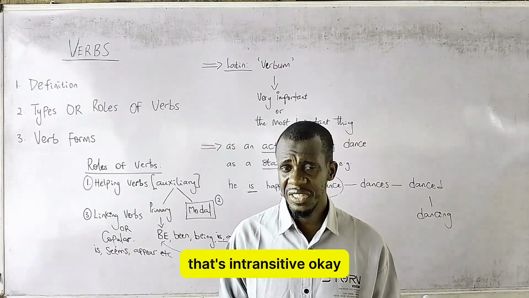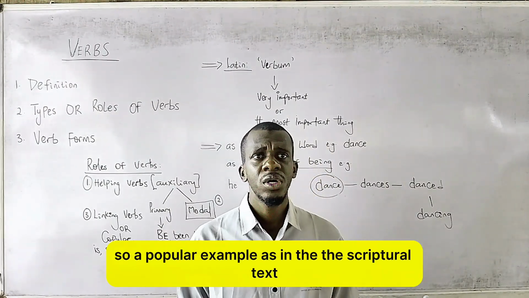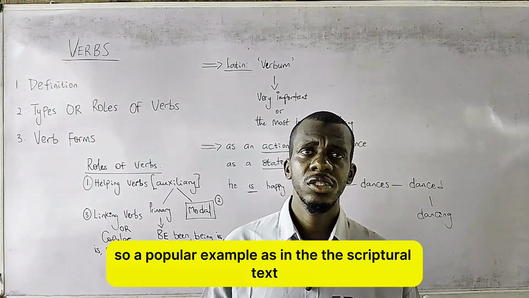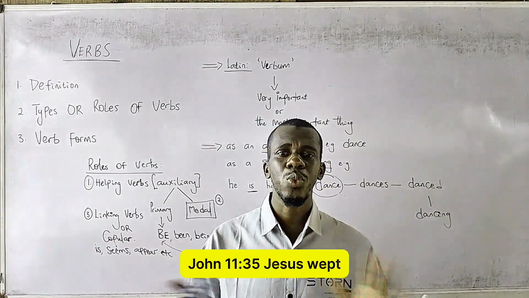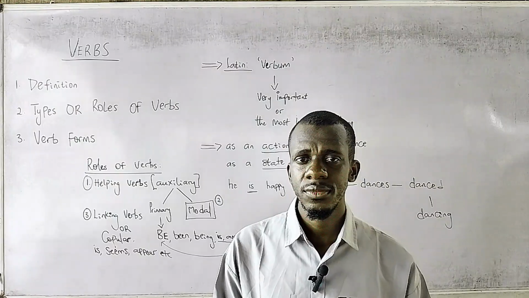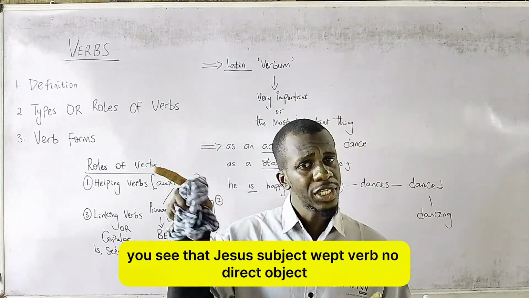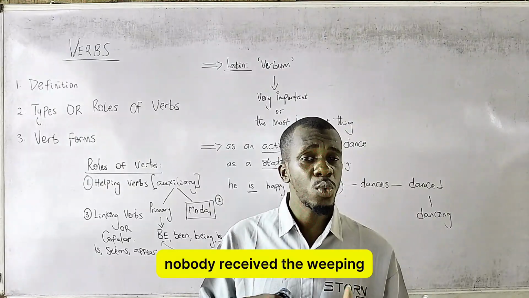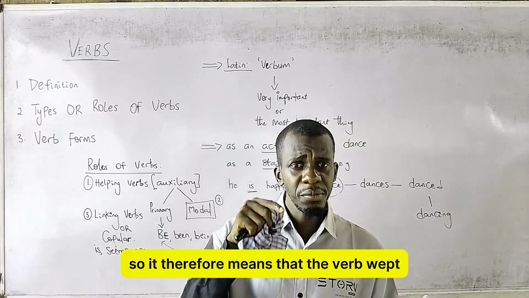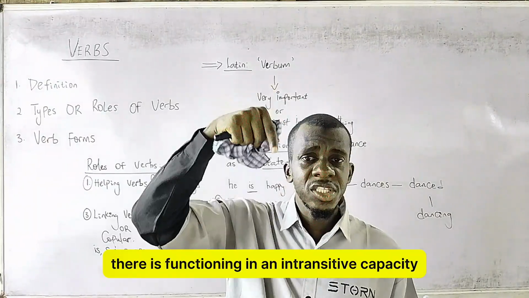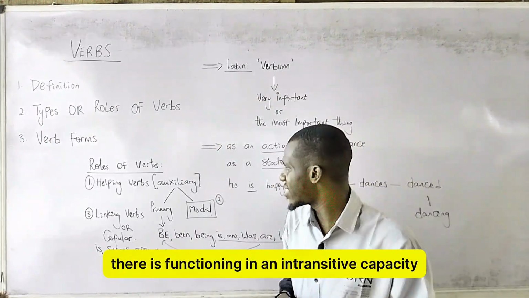Yes, that's intransitive. Okay, so a popular example, as in the scriptural text, John 11:35, Jesus wept. You see that? Jesus, subject, wept, verb, no direct object. Nobody received the weeping. Good. So it therefore means that the verb wept there is functioning in an intransitive capacity.